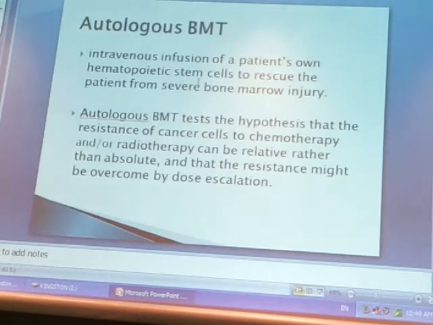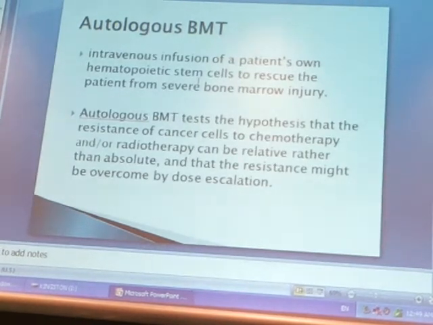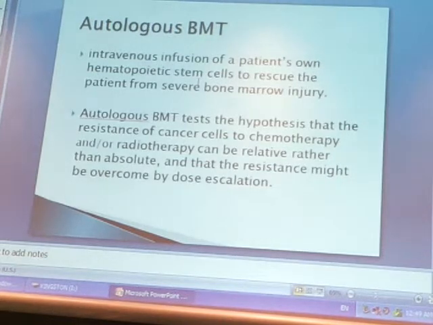So we need to overcome this resistance with a higher dose of chemotherapy. This higher dose of chemotherapy will ablate the bone marrow. So we cannot give higher doses of chemotherapy without storing the stem cells of the patient and then infusing the stem cells back to the same patient. This is the difference between allogeneic and autologous transplant.